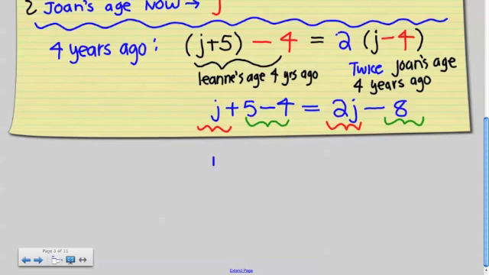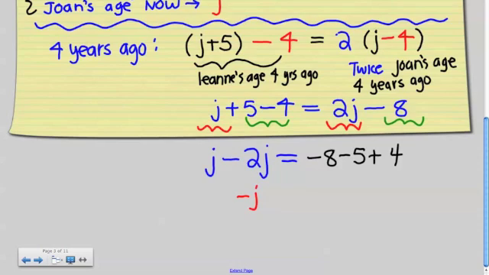So I have J, and I bring the 2J over so it's negative 2J, is going to be equal to negative 8 minus 5 plus 4. That gives me negative J is equal to negative 13 plus 4.